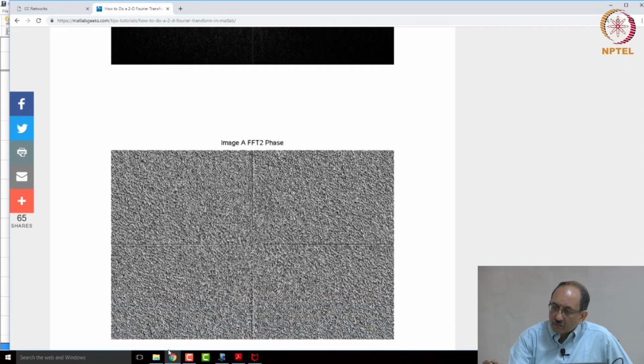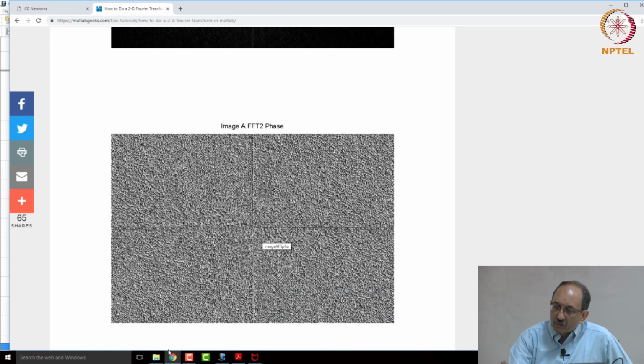and here he has only shown the phase response for image A. So, this is the phase response. Again this looks like garbage because this is probably the principal phase between minus pi and pi. Even if this were the unwrapped phase, I do not think you would expect to see any particular pattern.